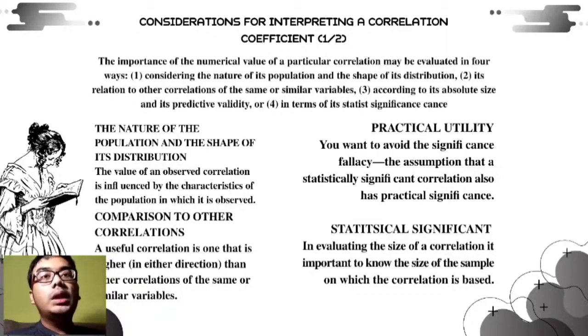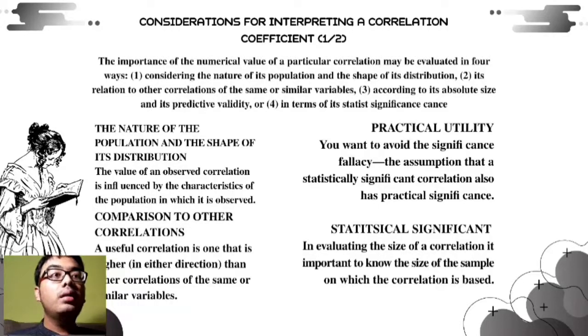And moving to the nature of the population and the shape of distribution. The value of an observed correlation is influenced by the characteristics of the population in which it is observed. A mathematical aptitude test that has a high correlation with subsequent math grades in a regular class, where the students range widely on both variables, would have a low correlation in a gifted class.